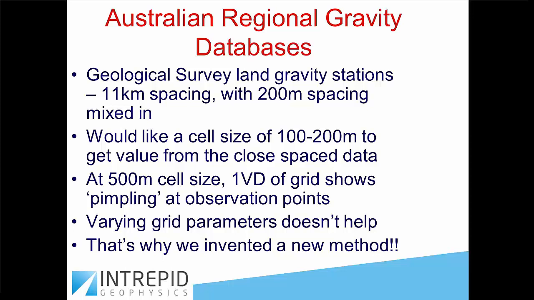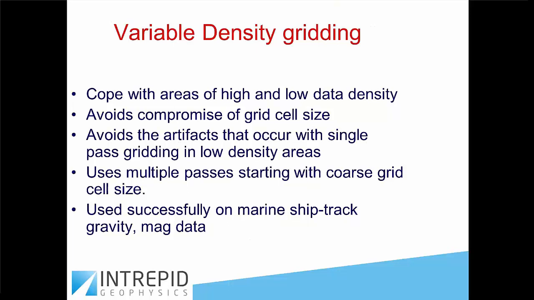That's why we invented this new method, to try and optimise the ability to get a best representation of the gravity field, when the reality is you have such a diverse sampling strategy that's gone behind creating the database. So the aim is to cope with areas of high and low data density, avoid compromise on the ultimate grid cell size, avoid artifacts that occur with single pass gridding in low density areas.